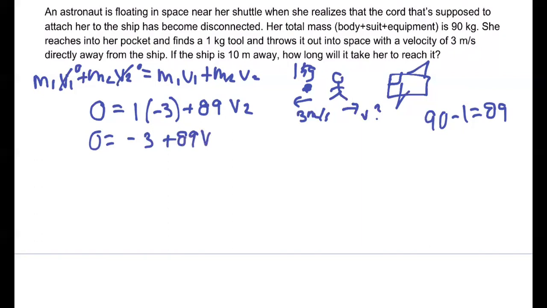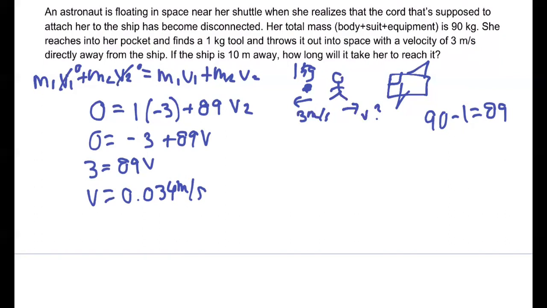I need to move my 3 to the other side, which gives me a velocity of 0.034 meters per second. Now, that's not what my question was. My question was, if the ship's 10 meters away, how long will it take her to reach it? But this just gave me my velocity.